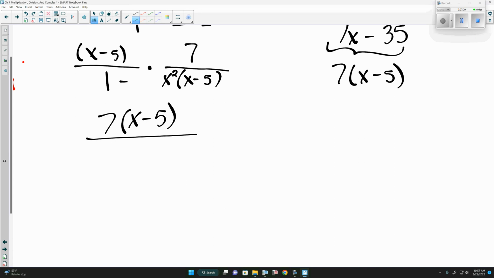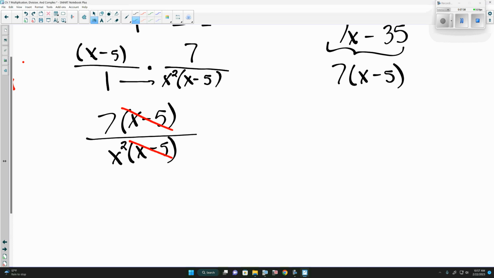The denominator, 1 times x squared times x minus 5, is just x squared times x minus 5. Is there anything in common on top and bottom?